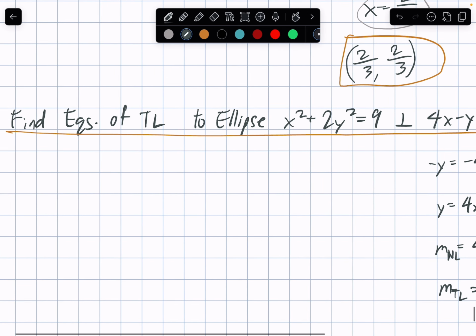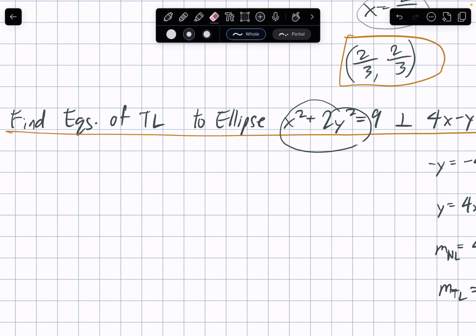So going back to the ellipse, before we start deriving, let me think.